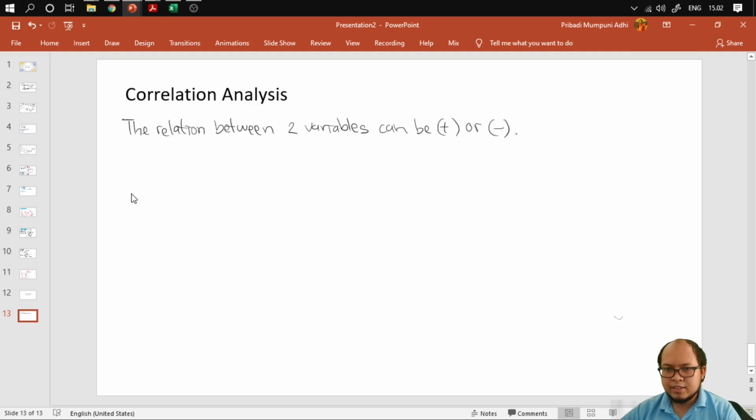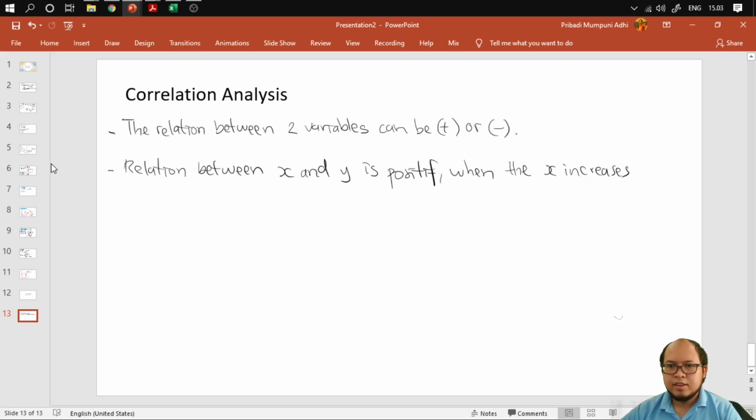If the variables are x and y, the relation between x and y is called positive when x increases, y also increases. So it's called a positive relation.